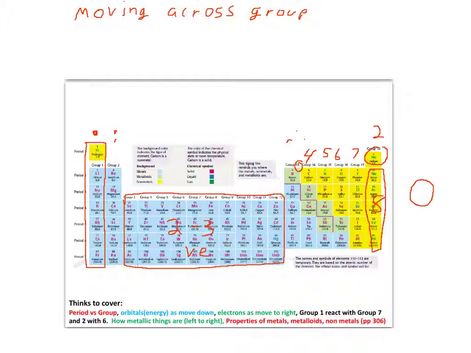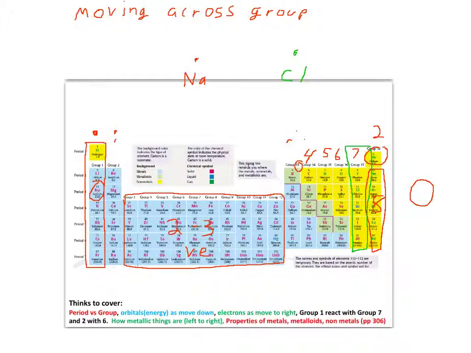So for example, let's draw sodium from this group right here. If I drew sodium, it would have one valence electron on the outer shell. And on the other side over here, group 17 has 7 valence electrons. So let me draw a little chlorine over here.